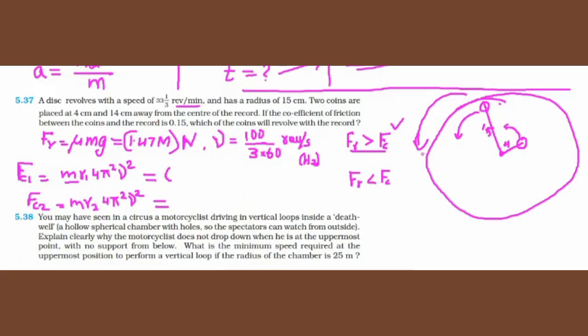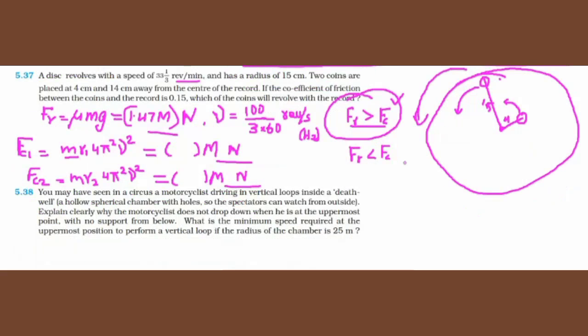That will be thrown out in the tangential path. So you calculate both these quantities in terms of m Newton. Compare these three and see in which case this condition is satisfied. That coin will remain there.